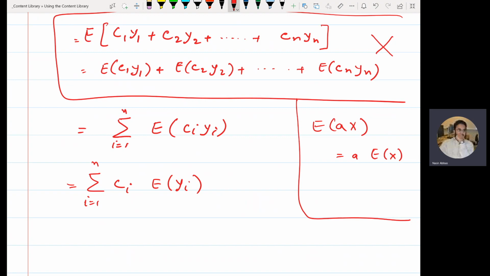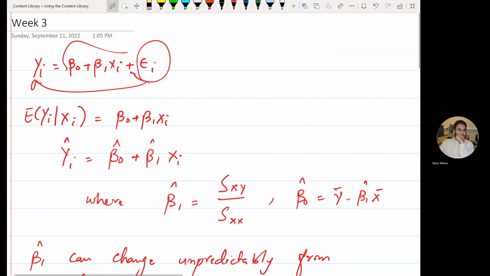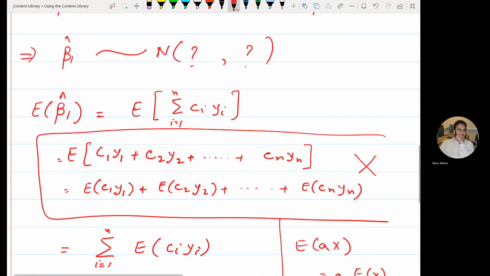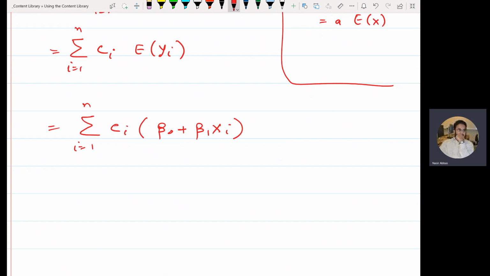Now what is the mean of Yi? Beta naught plus beta 1 x. There, I just plugged in the mean of Yi.